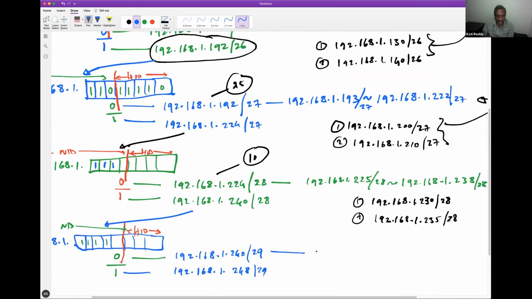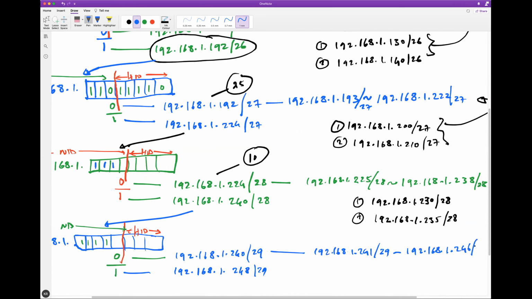What's the first and last here? 192.168.1.241/29. What's the last one? Anybody in the class? 246. 1.246/29. In that again, I need two IP addresses. I choose one IP address as 192.168.1.241, right? 241 to 246, correct?